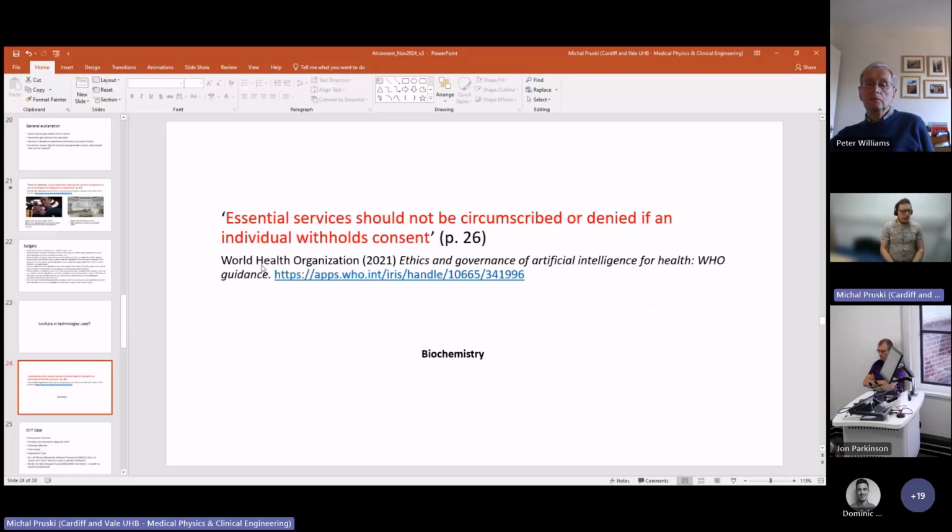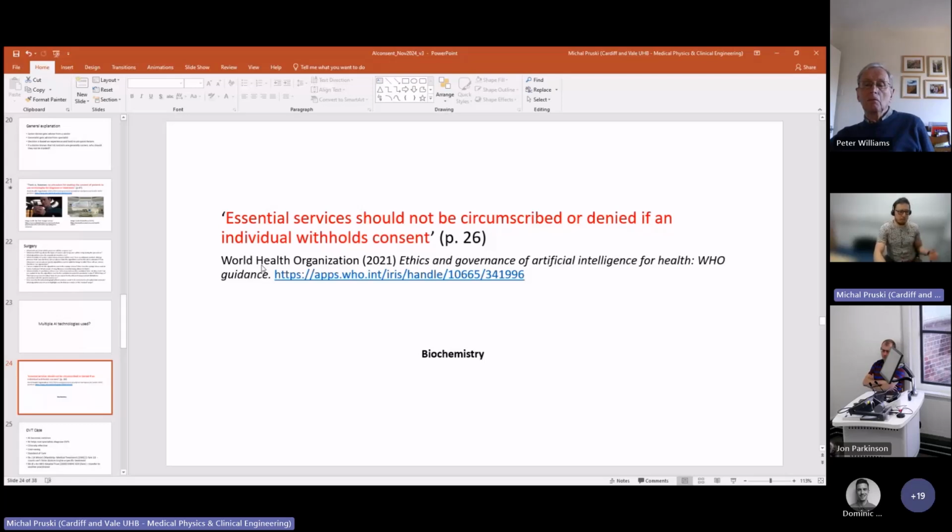Would we really have the capacity to perform all these tests manually if patients objected to the use of robotics or AI or automation of any sort? Well, probably not. I don't even know whether we have the capacity to perform some of these tests manually at all in most places.